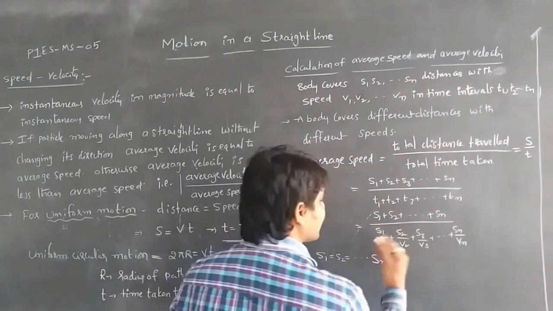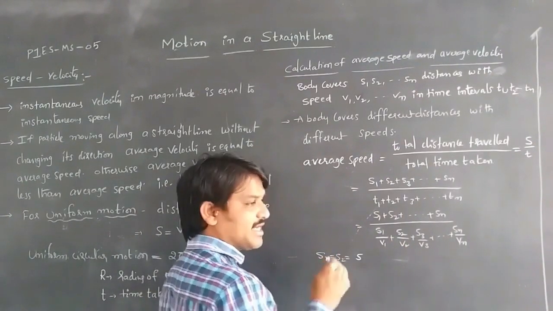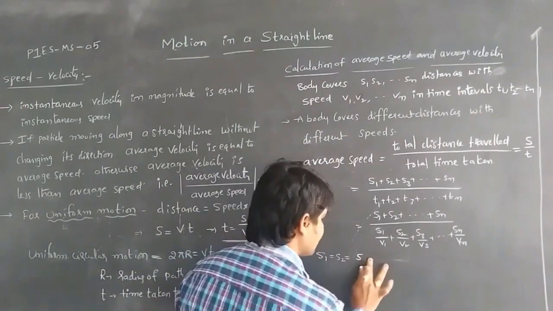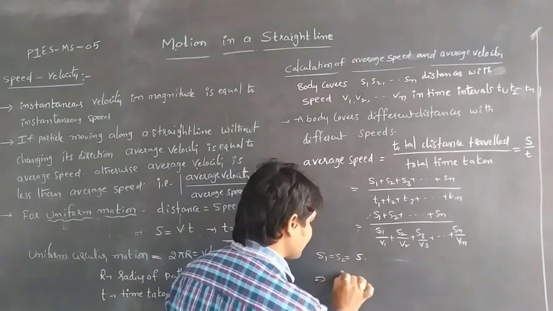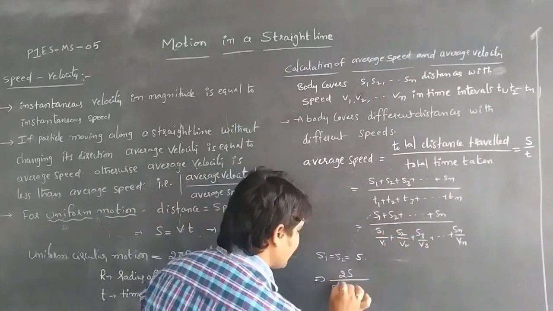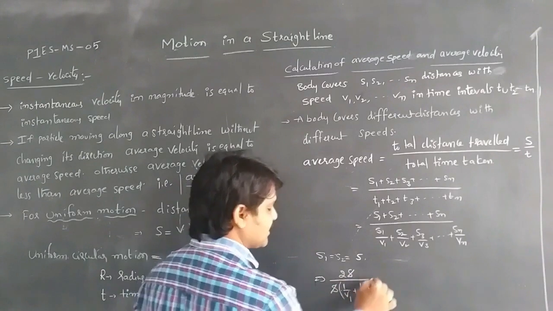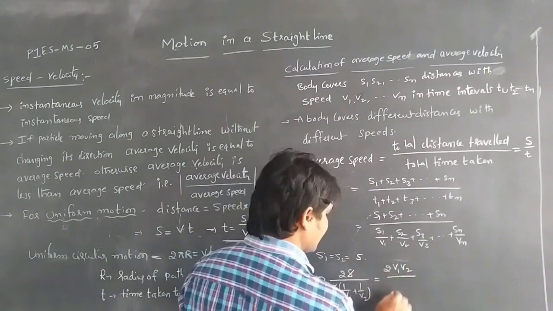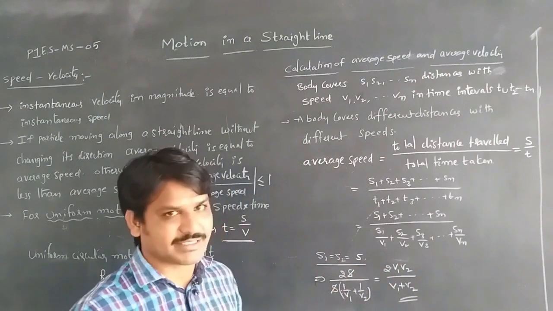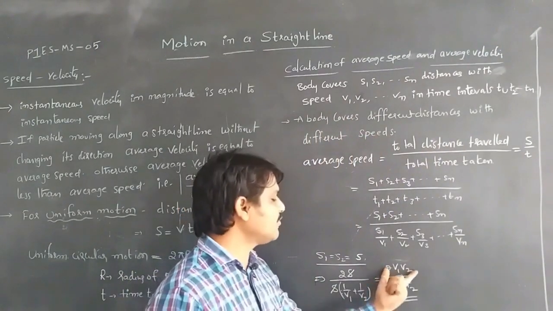Taking only two distances, s1 + s2 becomes 2s. Then the denominator is s/v1 + s/v2. Taking s common, it is s(1/v1 + 1/v2), s gets cancelled, and taking the LCM we get 2v1v2 by (v1 + v2) whenever s1 = s2 = s, when the body covers different distances with different speeds.